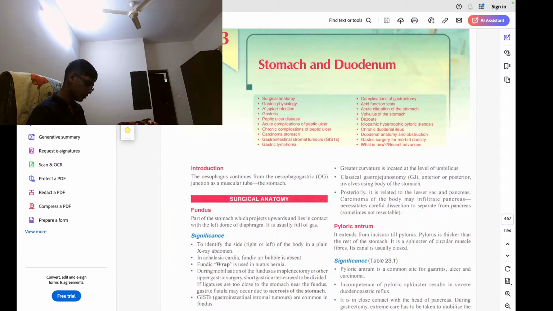So the topics are: first, peptic ulcer. Then after peptic ulcer you have stress ulcers, Ramstedt's operation. Peptic ulcer I have to do. Then duodenal ulcer.